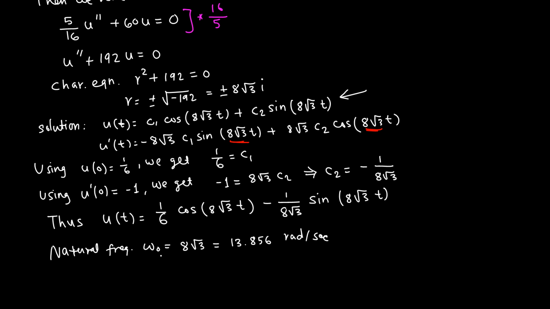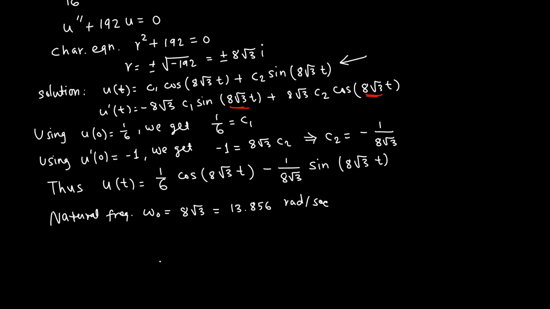That's the frequency. And next we're going to find the period. Once we have the frequency, period T is 2 pi over frequency, divide 2 times about 3.1419 by 8√3, you get about 0.45345 second.